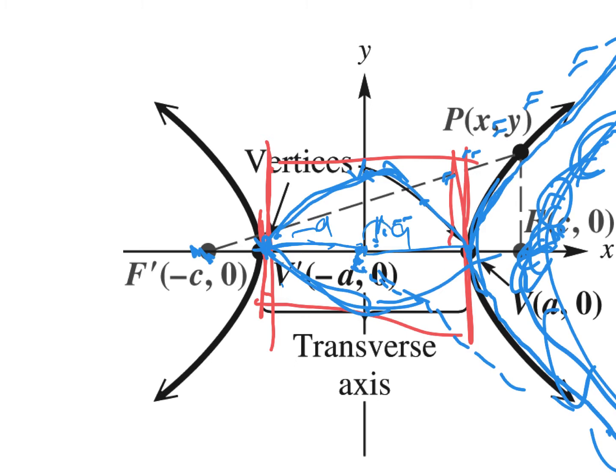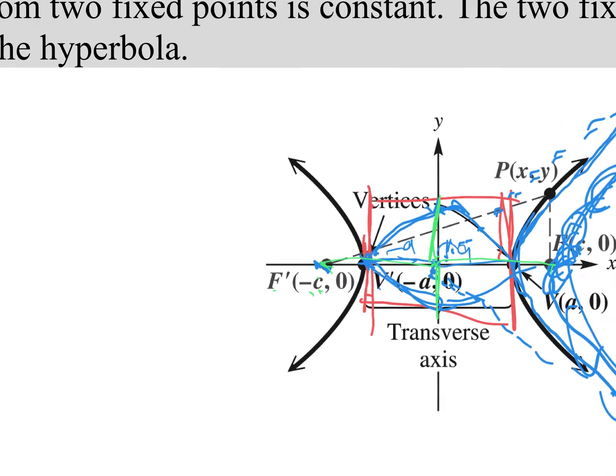Now, the b is really not in this problem per se, because we never look at that distance. But it does have a focus: 0 minus c takes you to minus c, and 0 plus c takes you to c. So we still have that.